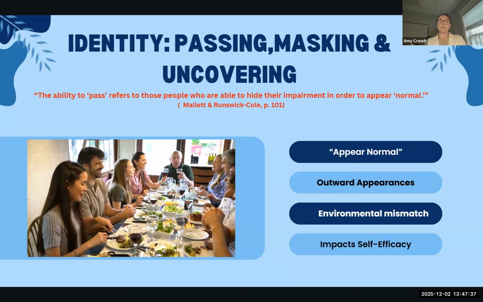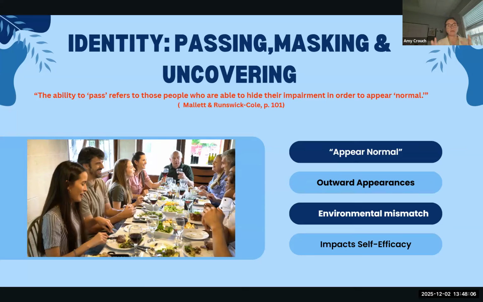I focused on that phrasing, appear normal: our outward appearances are fine, but often whatever's happening internally is due to an environmental mismatch. And then I'll lead into how I think that impacts self-efficacy.